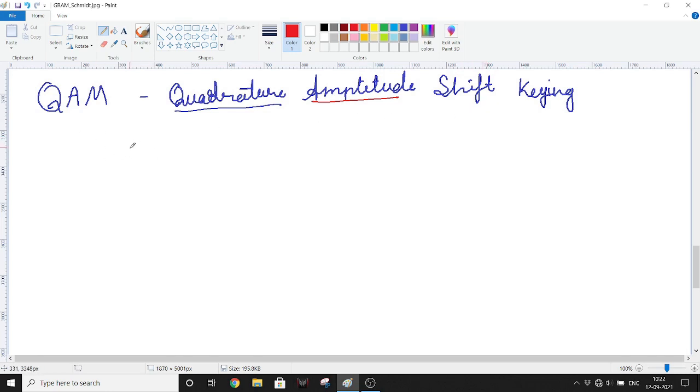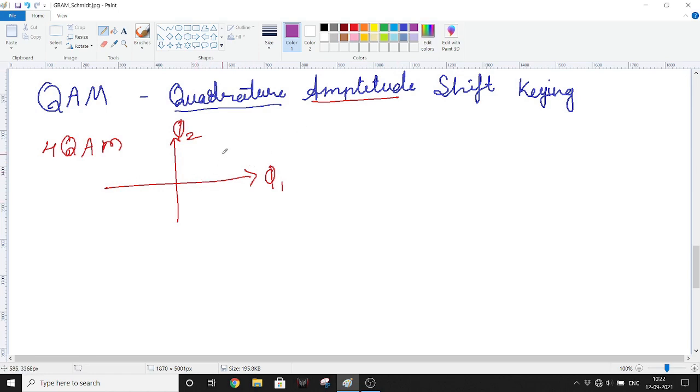So the traditional QAM starts with 4 QAM, and we have simple in-phase, that is phi 1, and quadrature phase, that is phi 2, and I have my phasor plot, or constellation diagram, ready.